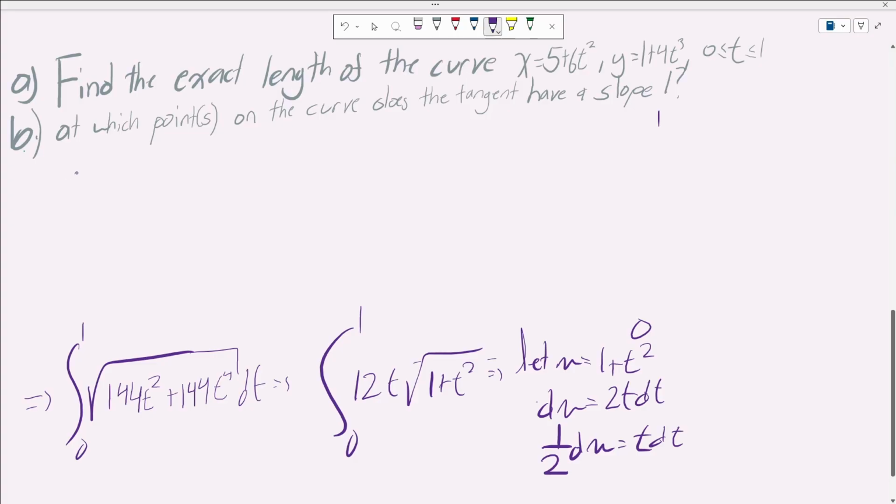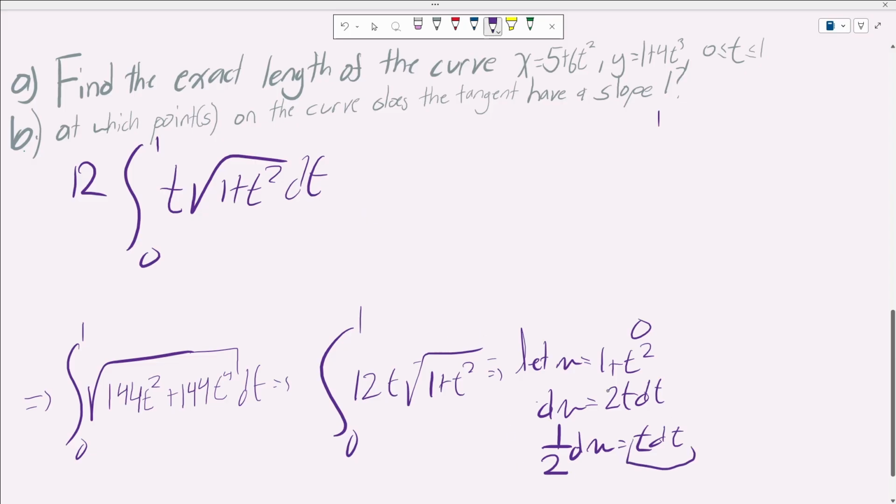So if we take this 12 out of our integral, we'll have 12 going from 0 to 1 of t square root of 1 plus t squared dt. And now you can see that we have our t dt and our t dt in here. So that means we can substitute. And then I forgot, let's figure out our new limits.